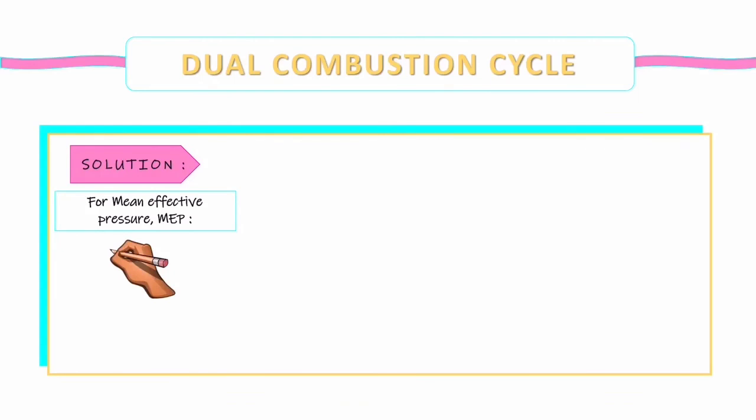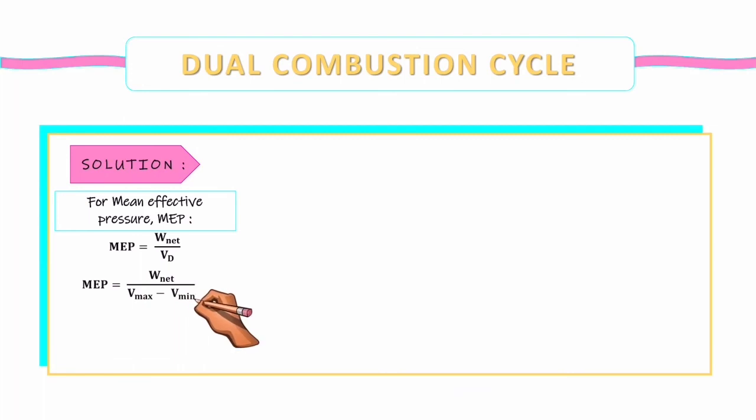For the mean effective pressure or MEP, we can use the formula MEP is equals to W net over VD, or MEP is equals to W net over maximum volume minus minimum volume.